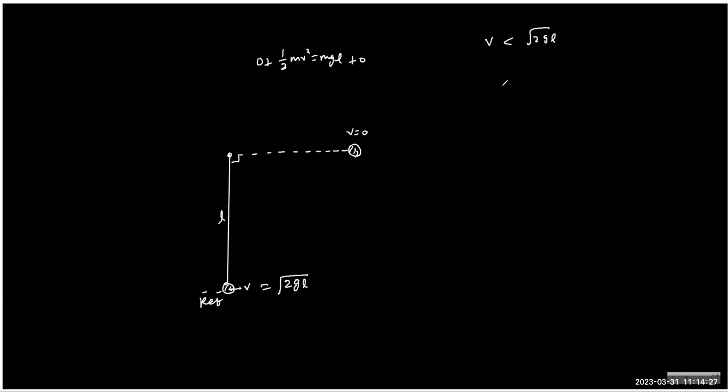Now, if I go beyond, how much V do we need to impart to reach the topmost point? Root 4GL. No, wait. Root 5GL. How? Because we need tension to be non-zero.